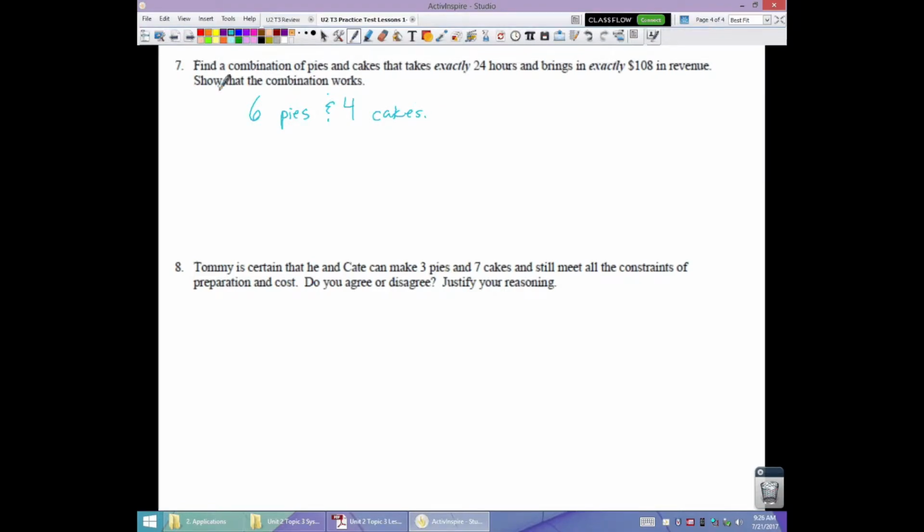Show that it works. Okay, so showing that it takes exactly 24 hours, I would do 2 times 6 plus 3 times 4 and show that it equals 24. That's 12 plus 12. And notice I changed this to an equal sign because we wanted exactly 24 hours.